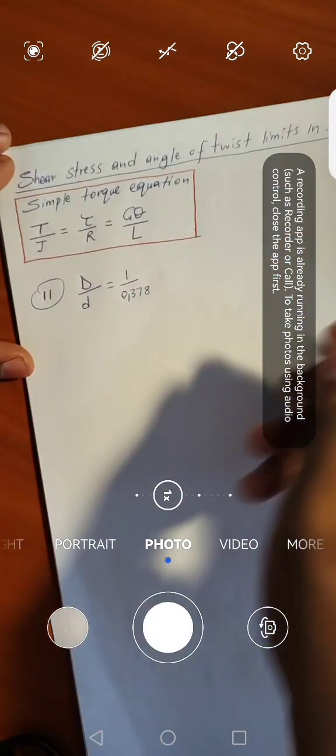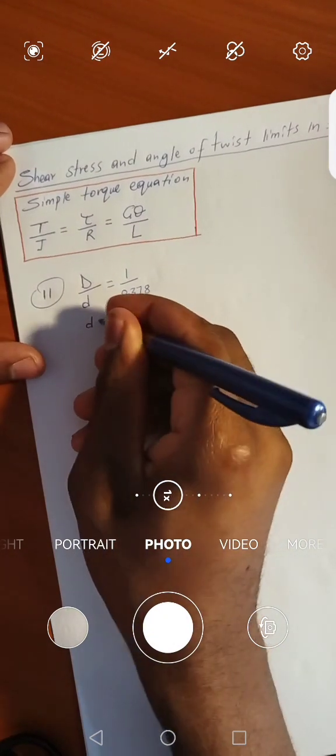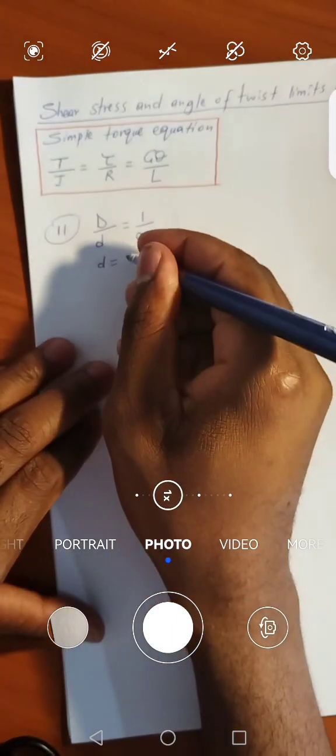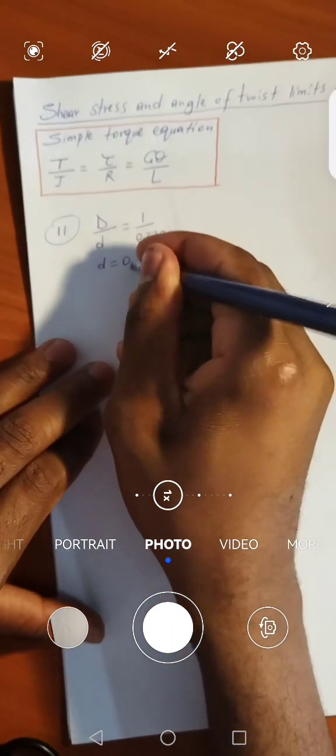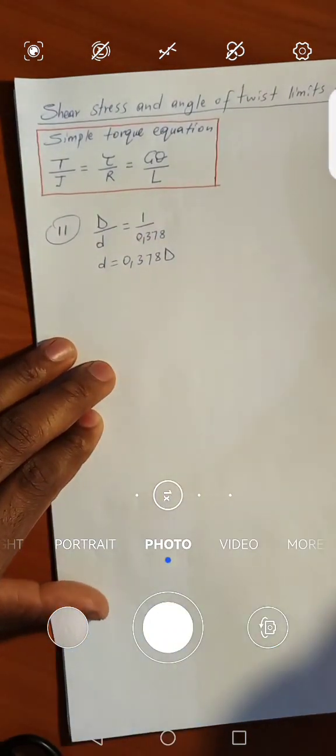Just like this. Then from there you can make small d the subject of the formula. You will have d equals 0.378 capital D.